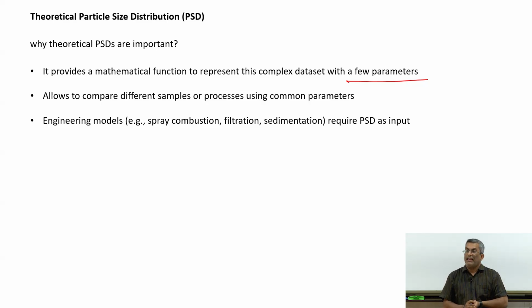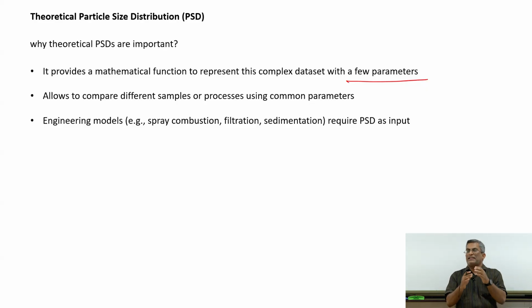But again, a characteristic size is a good representative of the size distribution, but it does not tell you everything. For example, it does not tell you about the spread of the distribution. You don't get any information about the spread. So if we can describe the measured particle size distribution through some mathematical functions, where we can define some parameters which control that function, then we can compare those parameters. For example, I can define something called a spread parameter and compare.